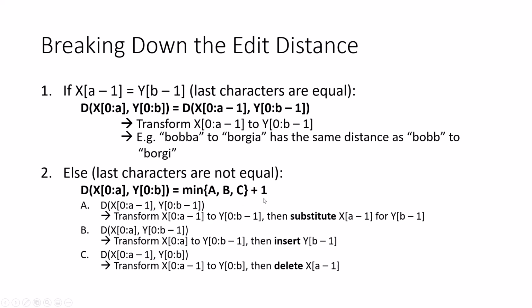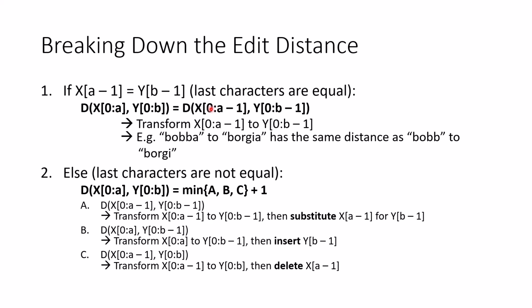Okay, so that's the second case, and now you can kind of see that we have a bit of a recurrence relation going on. We have our big problem equal to some function of a smaller problem, right?